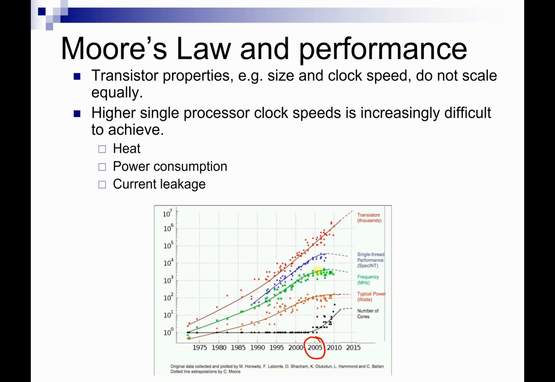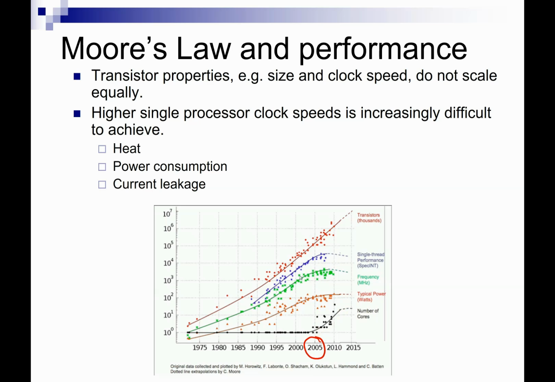So once we got to 2005, we couldn't increase the performance of each core, because we couldn't increase the frequency of the cores anymore. Therefore, to get improved performance, we needed to increase the number of cores. Now each processor that we have has 4 cores or 8 cores, and some processors even have 64 cores.